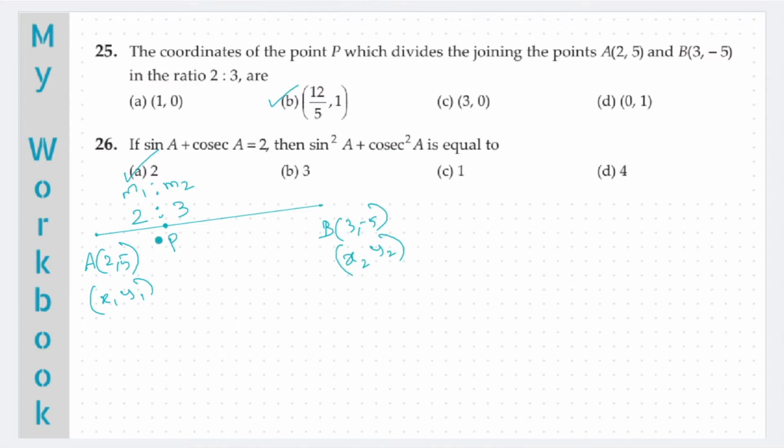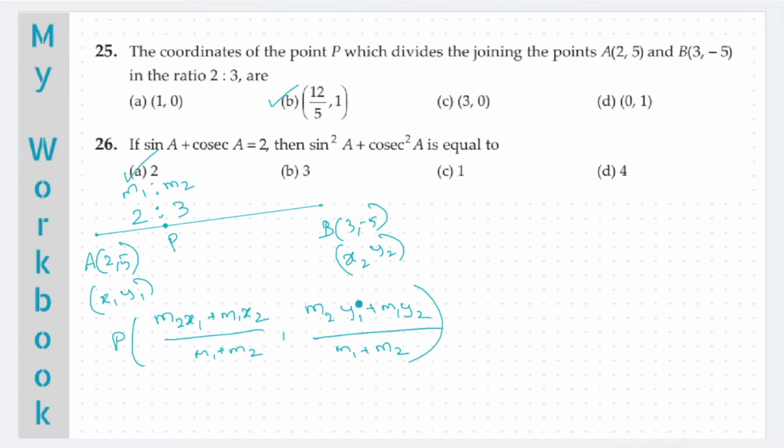So when we know the ratio, the point that divides it is given by the formula m2 x1 plus m1 x2 divided by m1 plus m2. Similarly, the y coordinate is m2 y1 plus m1 y2 by m1 plus m2.